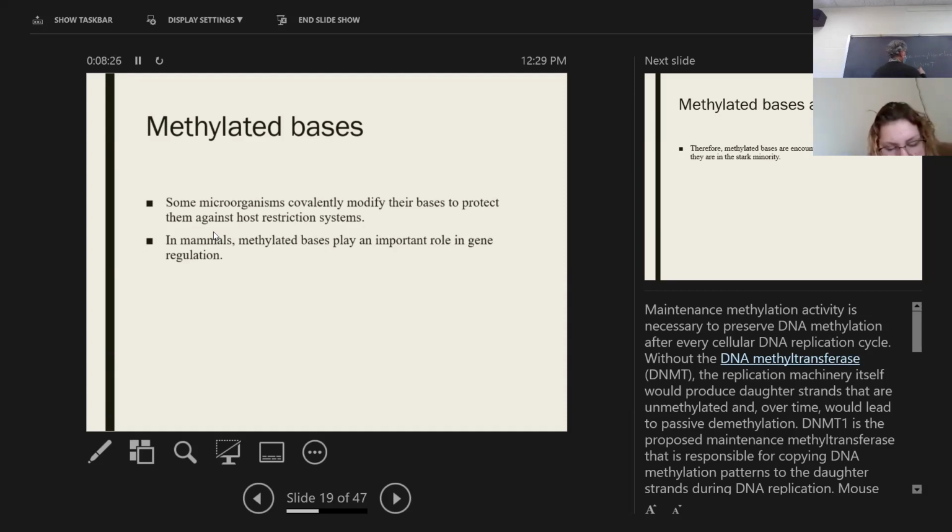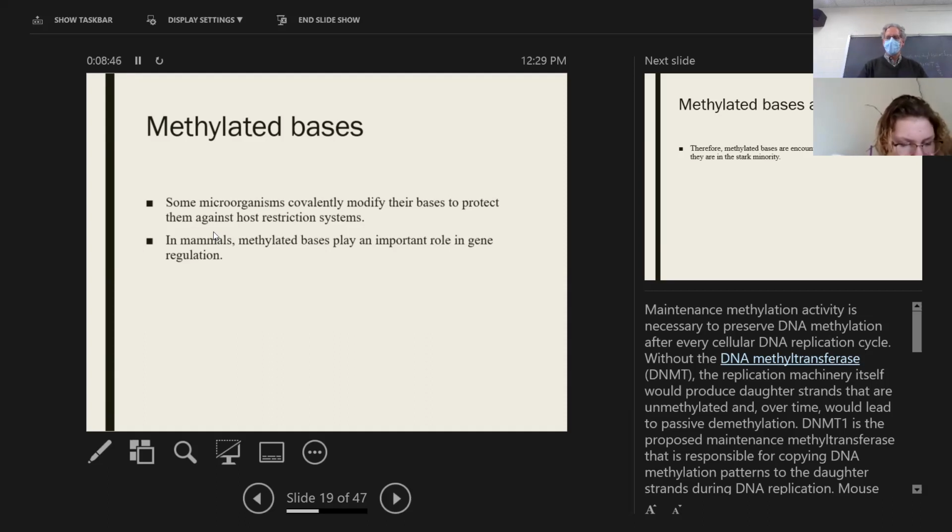So DNA methyltransferases, they're unfortunately separated into just 1, 2, 3, so on and so forth. So there's a 1, a 2, a 3, and then there's 3 A's and 3 B's and what have you.